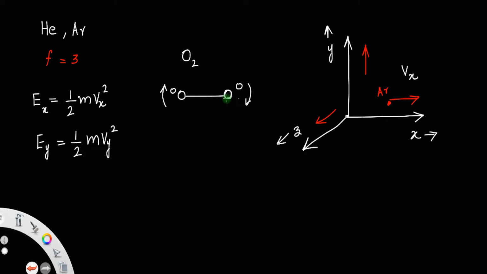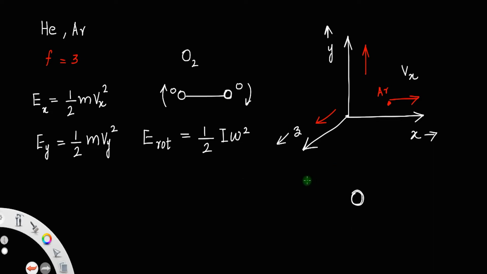The rotational motion is also possible. So the energy associated with the rotation, E rotational, is equal to half I omega square. This is the expression for the energy associated with rotational motion, where I represents the moment of inertia and omega the angular velocity.